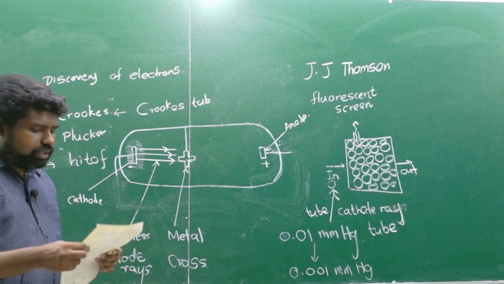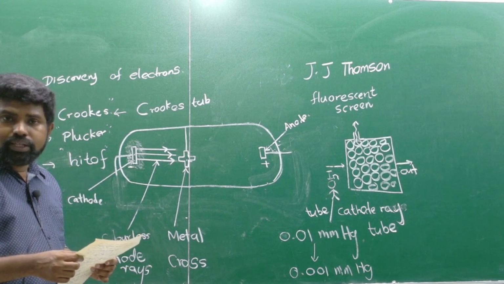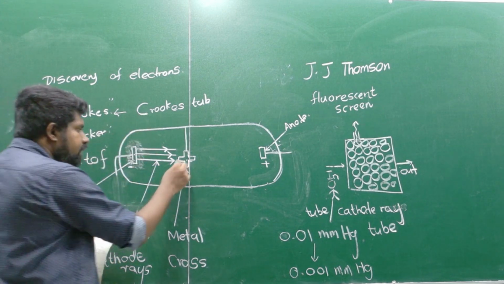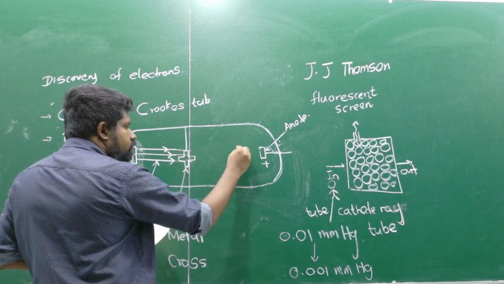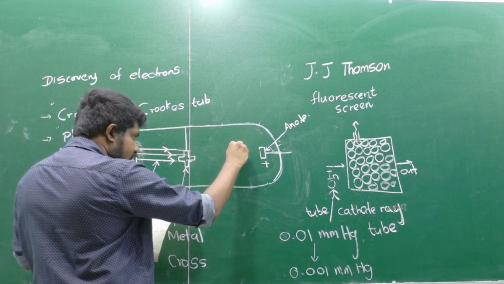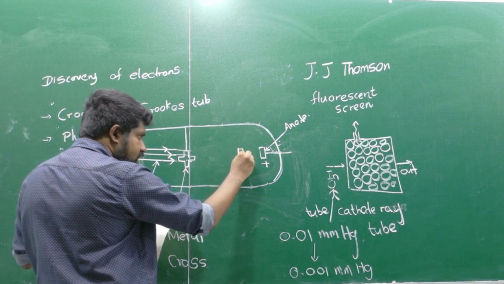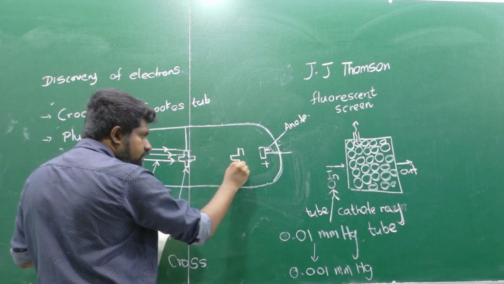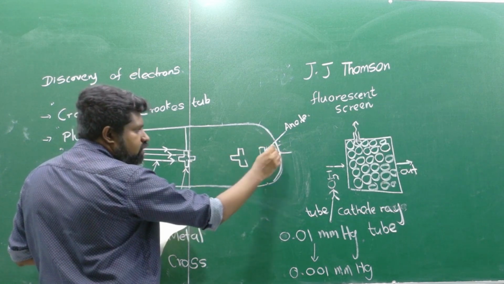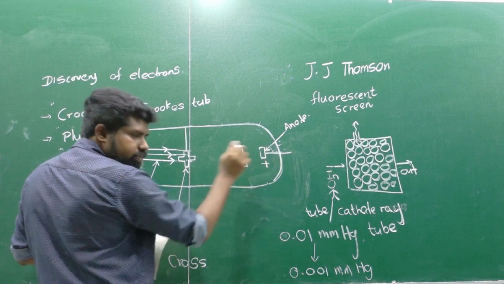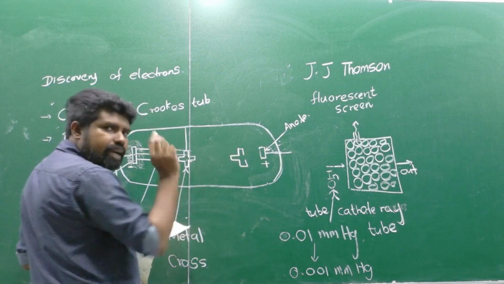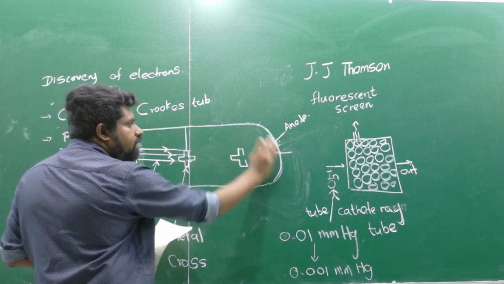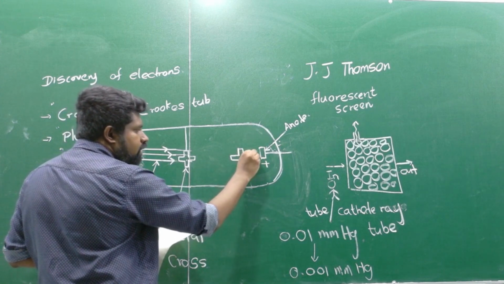When the cathode rays passed through this cross, he observed an image on the wall of the anode. I cannot draw it here because it would not be clear, so I will draw it here. Just assume this is the wall of the anode, so you can clearly identify it.